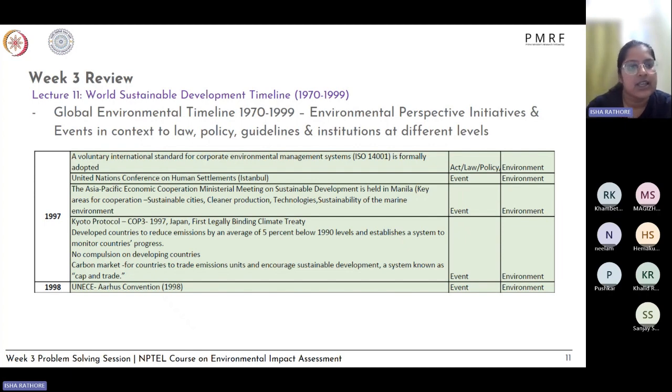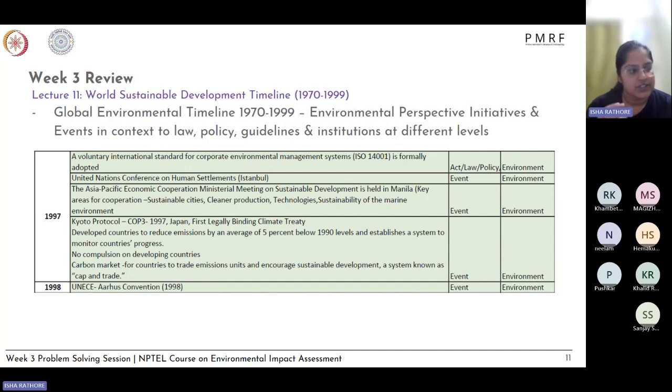They also discussed the carbon market, which is for countries to trade emission units and encourage sustainable development in developing countries. This is based on a system called cap and trade, in which a developed country can say that they are going to reduce their emissions in a developing country and fund projects so that these developing countries have this kind of infrastructure, and they can basically buy and sell.